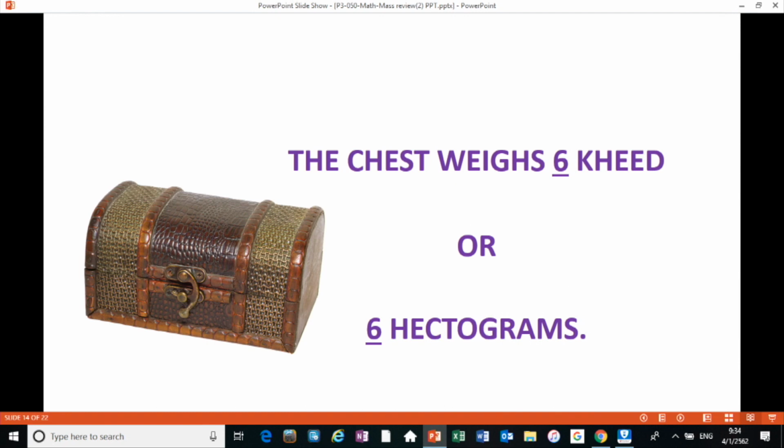And how many kid for this chest? 6 kid. How many hectograms? 6 hectograms. How many grams? 600 grams. 1 kid or 1 hectogram, 100 grams. So 6 hectograms, 600 grams.